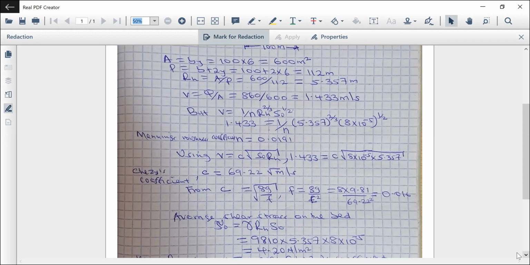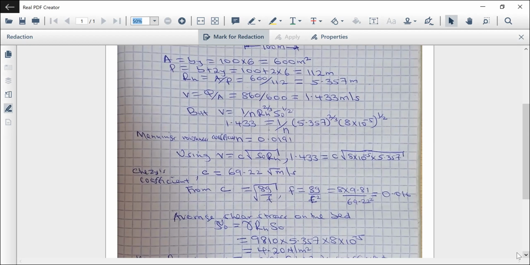So if we make f the subject, f is equivalent to 8g over C squared. 8 we know is a constant times g, which is 9.81 meters per second squared, the gravitational field strength, divided by the value of C, we got it as 69.22. So you find that the value of friction factor f is 0.016.